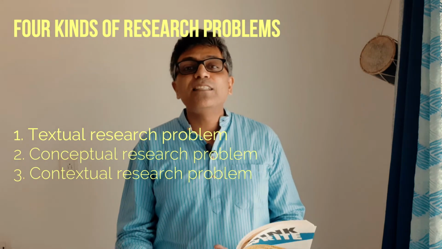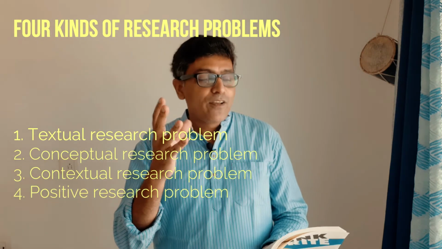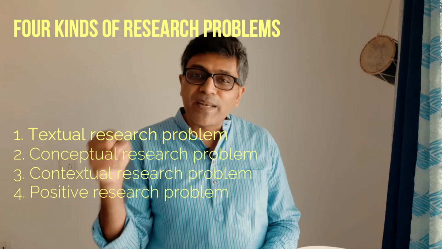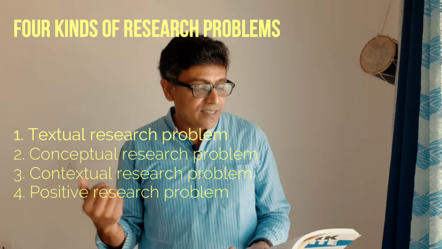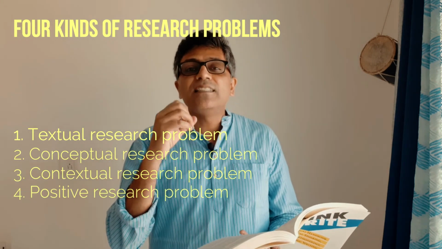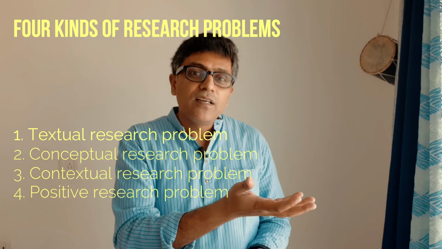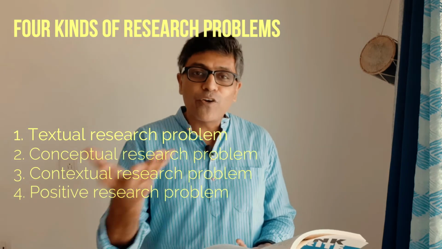And finally, there is the positive problem where you find something in the past that has been hidden or unknown and you recover it, or there is a desire to extend somebody's work for your context or for your argument. So I hope this survey of problems will help you to understand what is your problem. Now, I don't mean what is your problem in life, because that's a practical problem, but I mean what is your academic problem in your thesis.